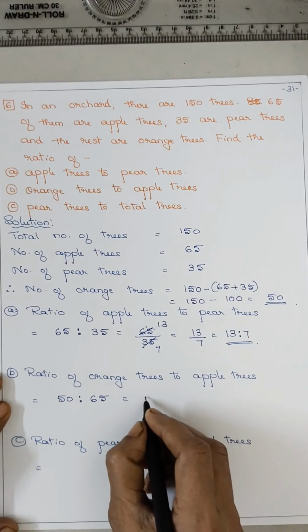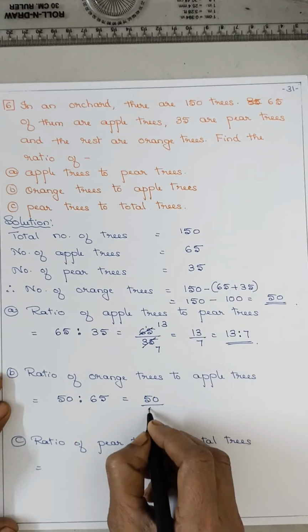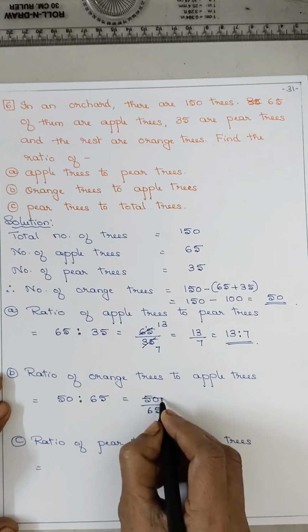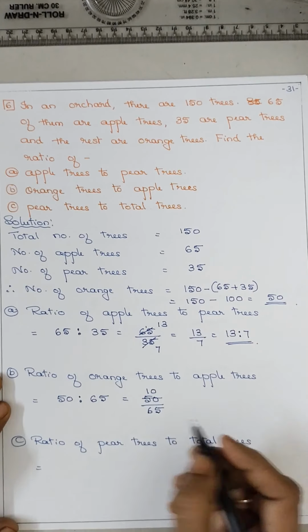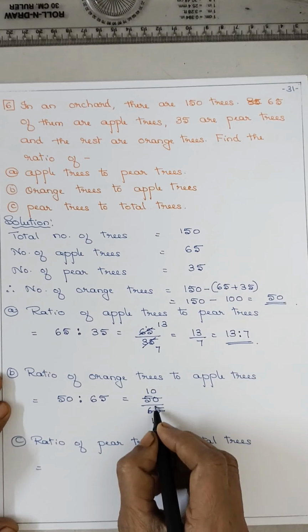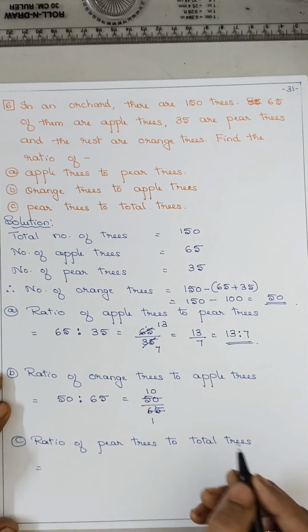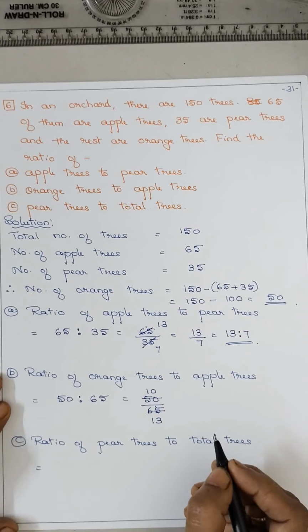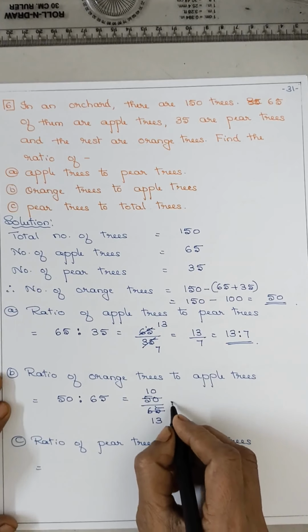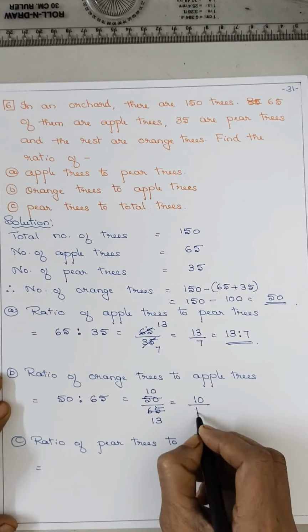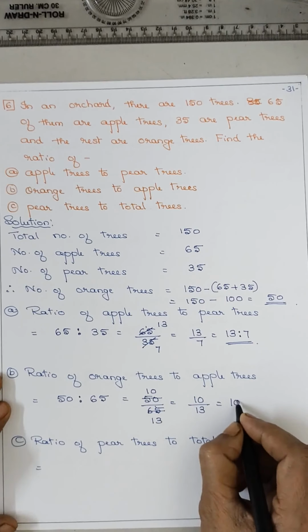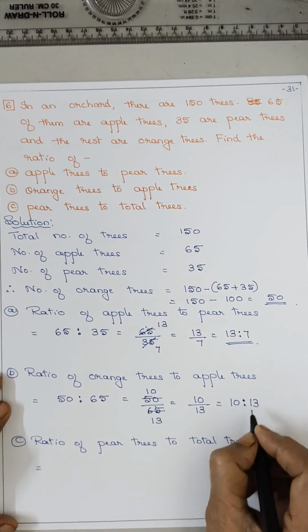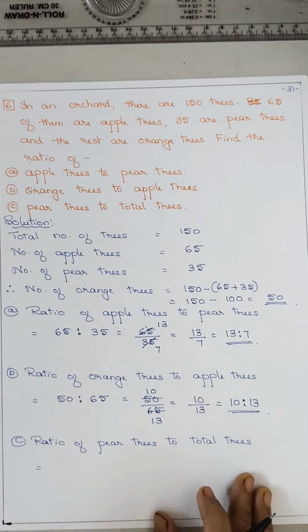So 50 upon 65. 5 1s are 5, 5 3s are 15. So you got 10 by 13, that is 10 is to 13. That is the answer for the second question.